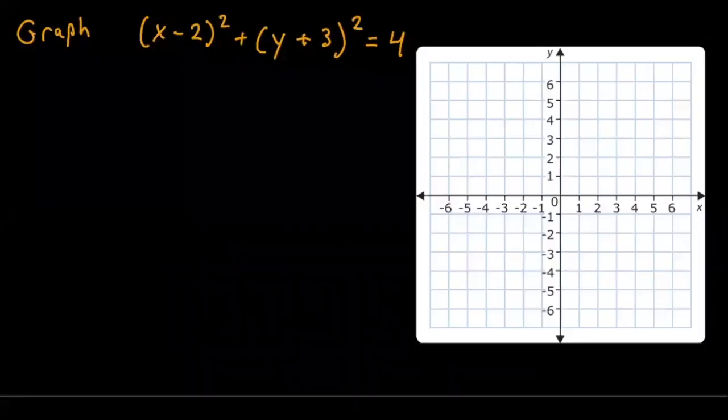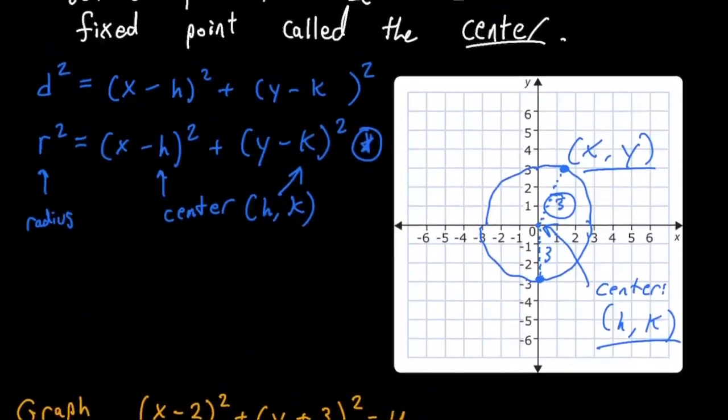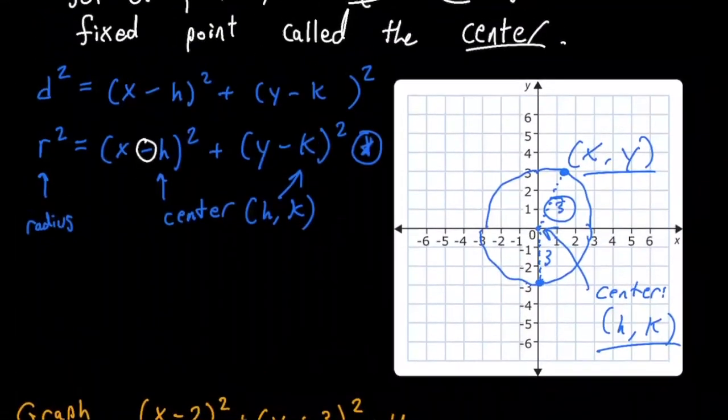Okay, so here we are being asked to graph this equation, (x minus 2) squared plus (y minus 3) squared equals 4. And we can use our equation that we just saw to identify the key features of our graph and then easily plot the graph. For example, here x minus 2 tells us that the x value for the center is going to be positive 2, because we're looking at subtracting.